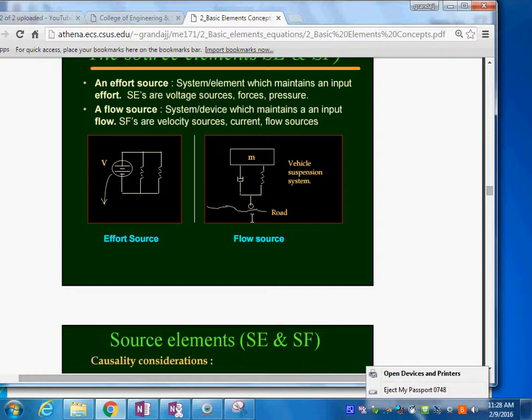Then we have the two sources. These are simple. The SE is obviously the source of effort, and SF is the source of flow. Now we are left with just two other elements: the transformer element, and the gyrator element.